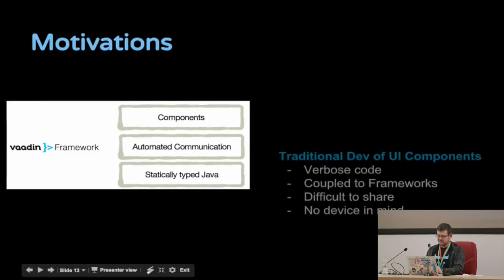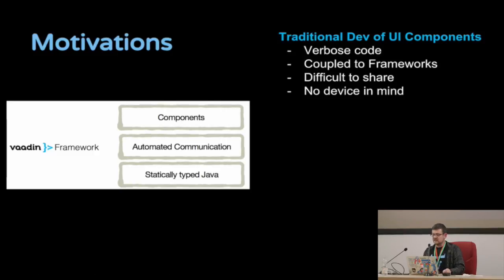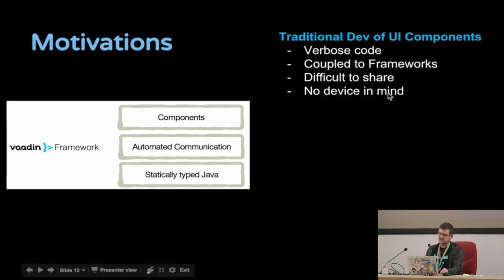And yeah, the thing is that the traditional development of UI components is very verbose. So you know, in GWT, something like create element, element dot style dot whatever equals, I don't know. And also when you develop something for jQuery, it can only be used in jQuery.